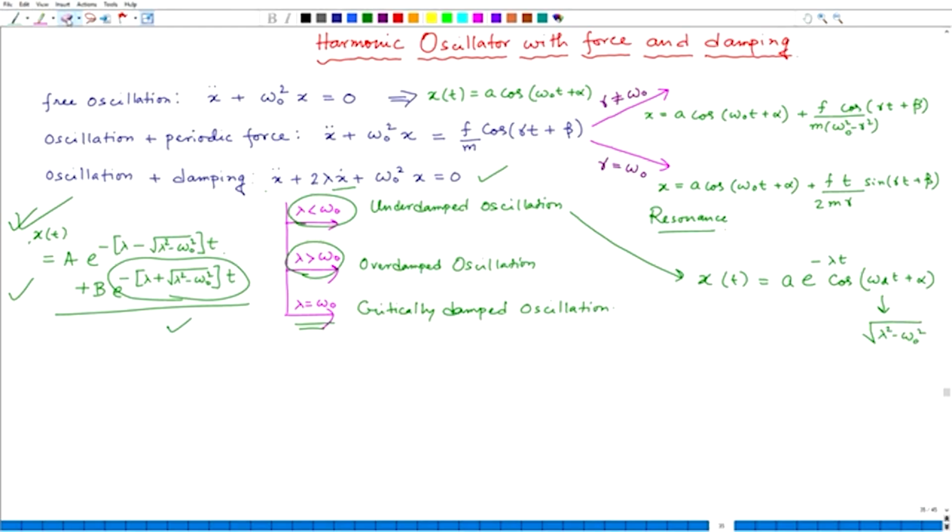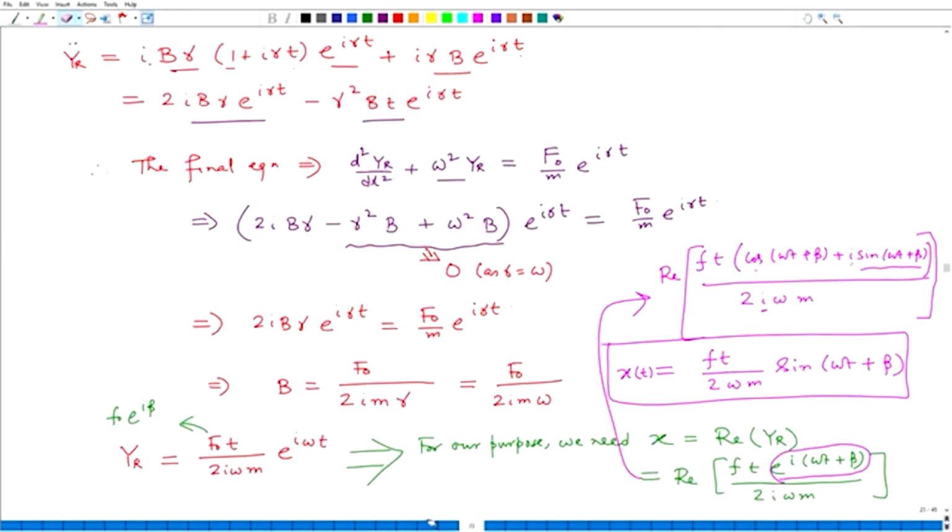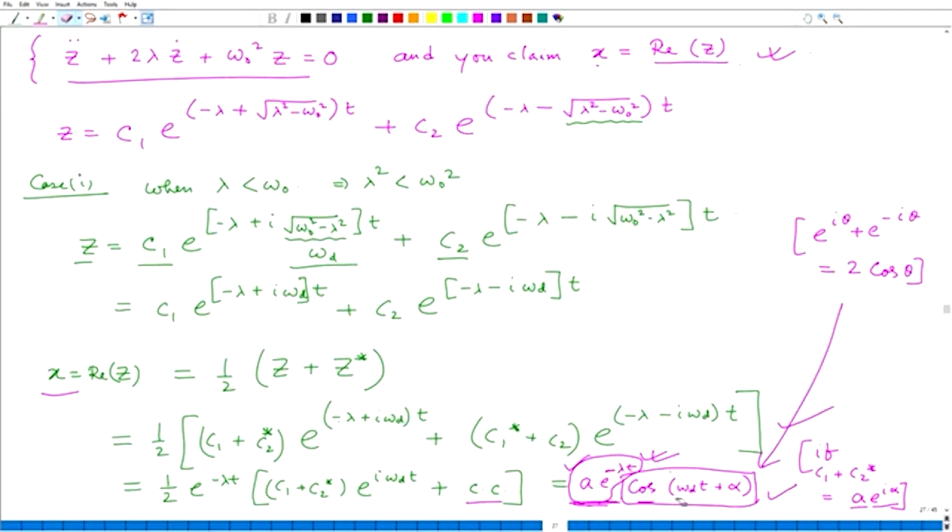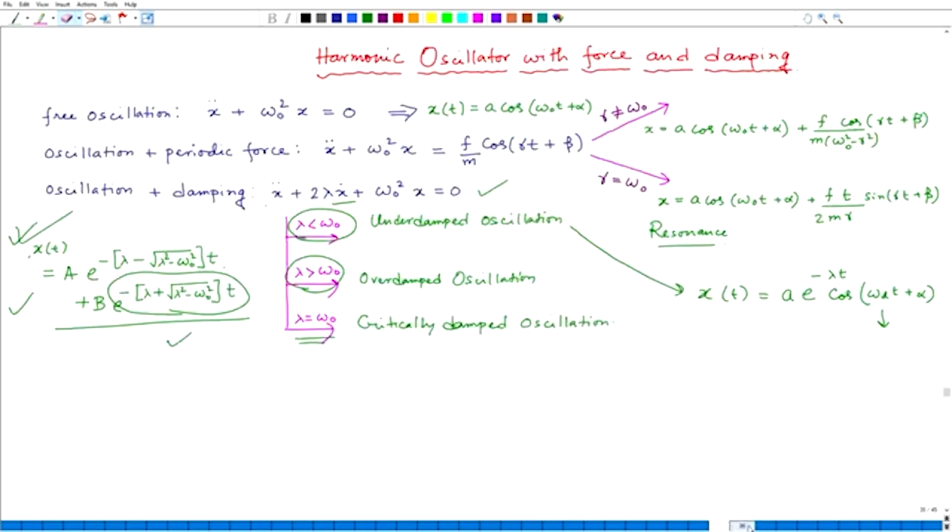Here omega 0 is greater, so it should be this. I have to check which symbol I used over here. Yes, I used omega d for root over omega 0 square minus lambda square.